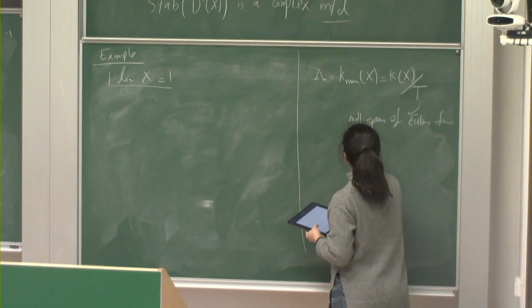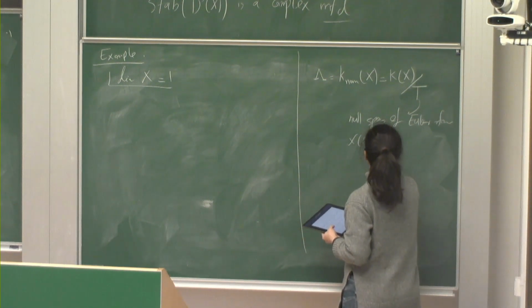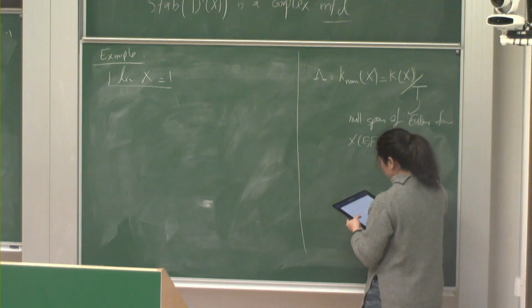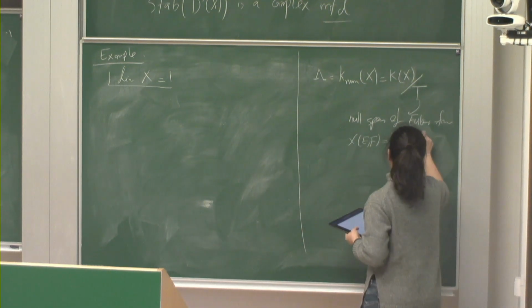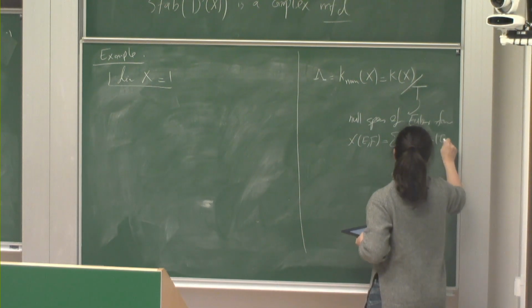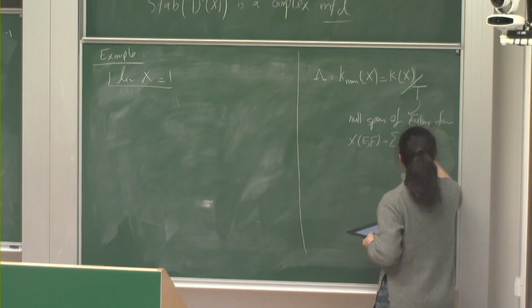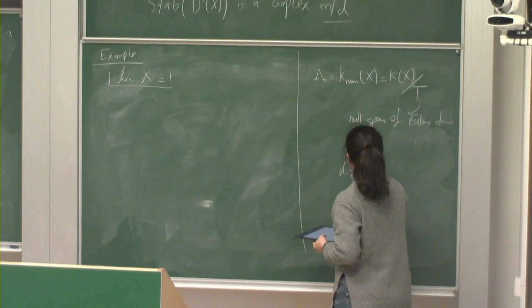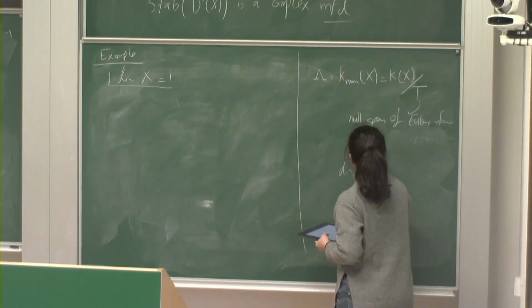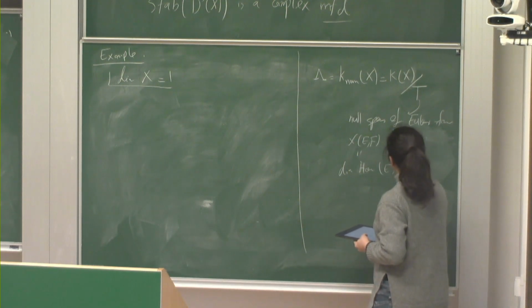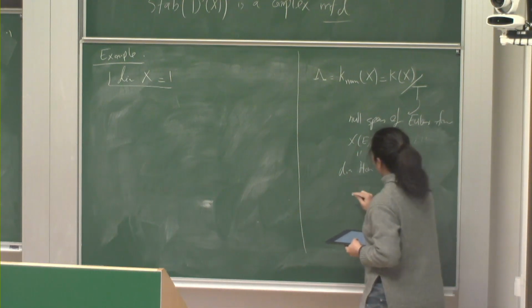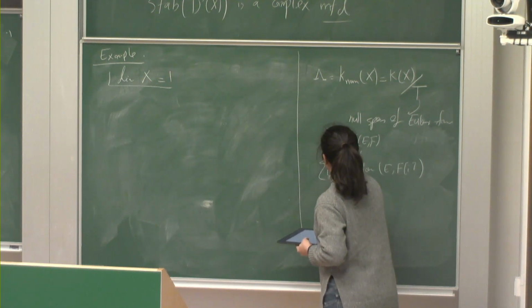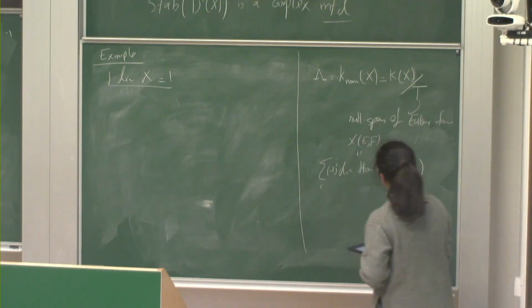It's just chi of E, F. Okay, that's the Euler form.